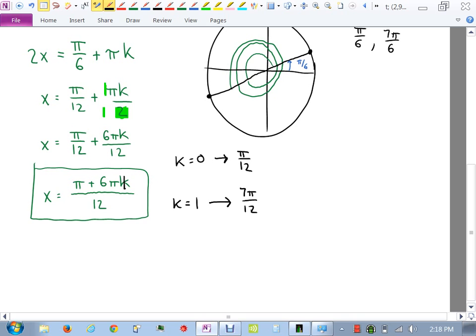See how much cleaner that is to do it that way? And then let k be 2. Oh, I haven't even been checking. We need to make sure these are all within 2 pi, which they are so far. Let k be 2, and you should get pi plus 12 pi, 13 pi over 12.